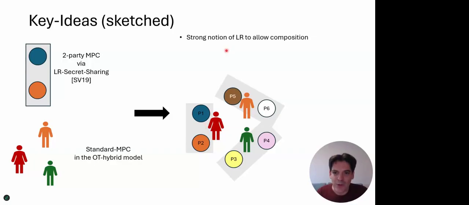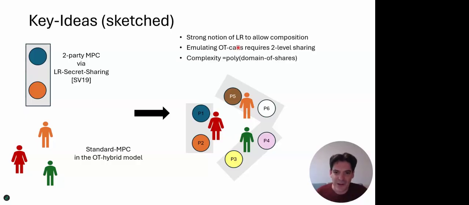We have to rely on a strong notion of leakage resiliency in order to allow composition. And remember that in this GMW protocol, we make use of OT channels, and we have to find a way to emulate these OT channels, and this is the most sophisticated part of the protocol. For this, we have to use two levels of secret sharing schemes with different security parameters.